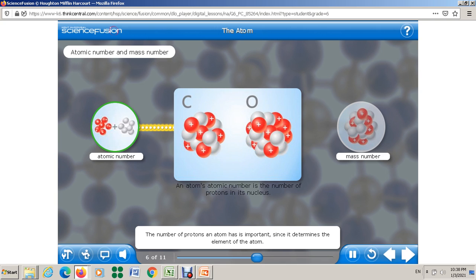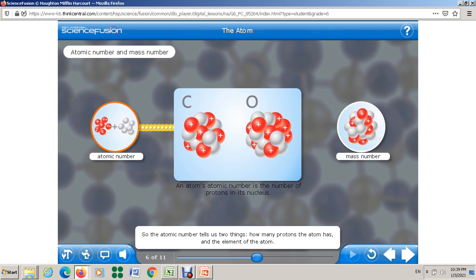The number of protons an atom has is important since it determines the element of the atom. For example, an atom with 6 protons is an atom of carbon, while an atom with 8 protons is an atom of oxygen. So the atomic number tells us two things: how many protons the atom has, and the element of the atom. Okay, so this is about the atomic number.